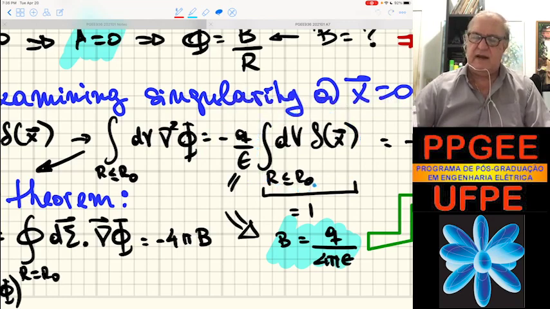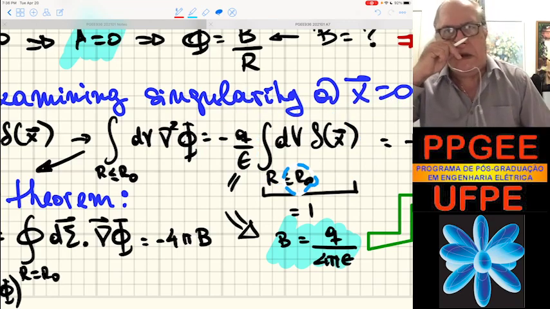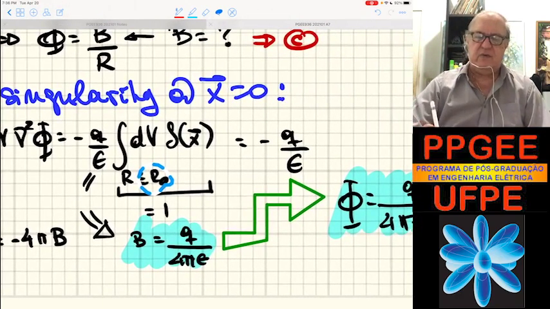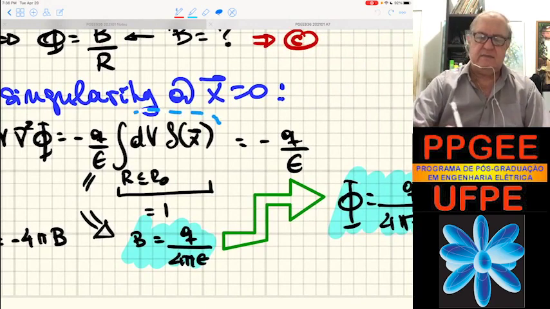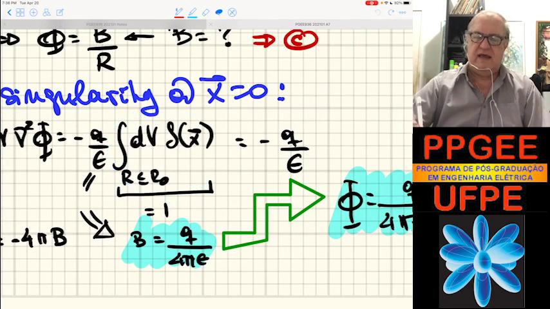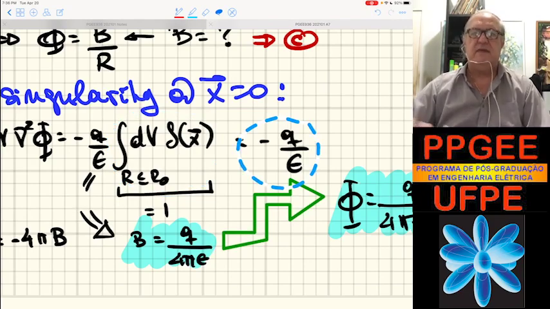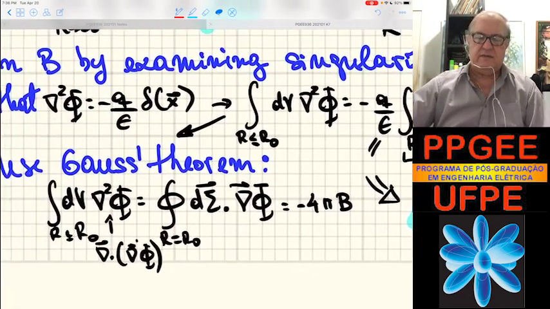It means that we are integrating over a small sphere of radius r0 around the origin. This is going to be simply equal to 1, right? And you have the result, minus Q over epsilon. And now we go here.